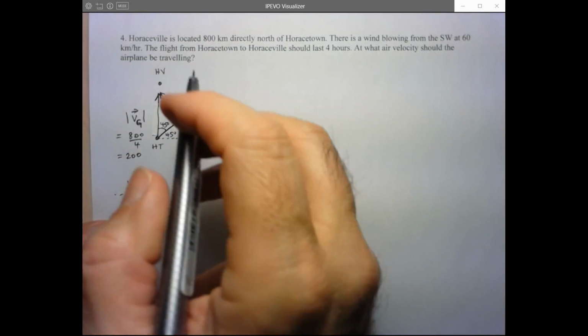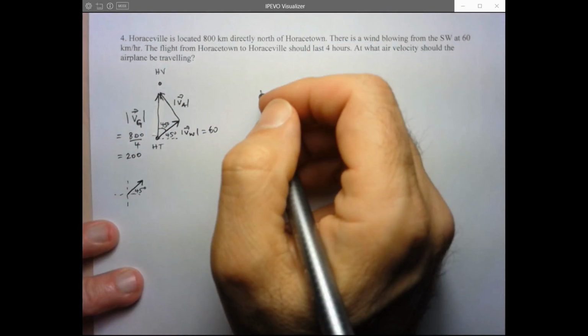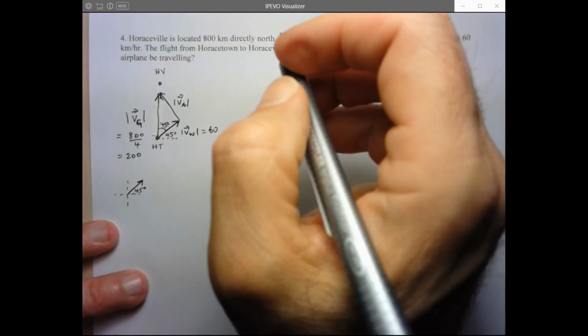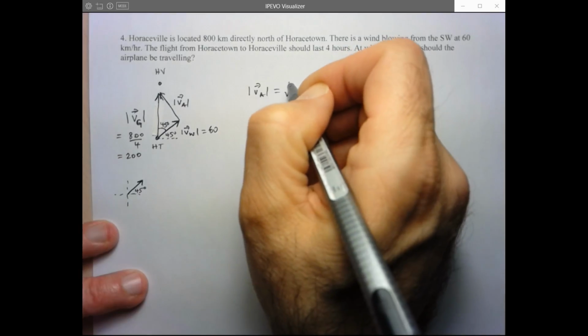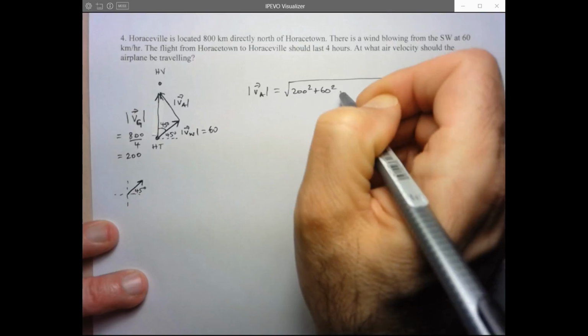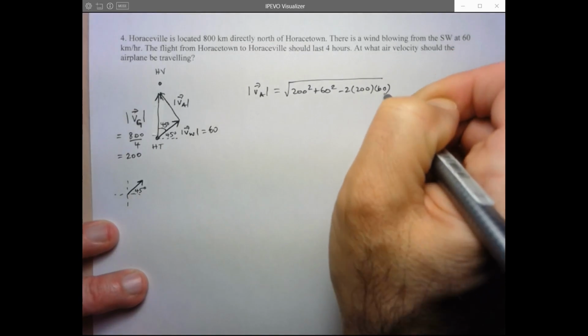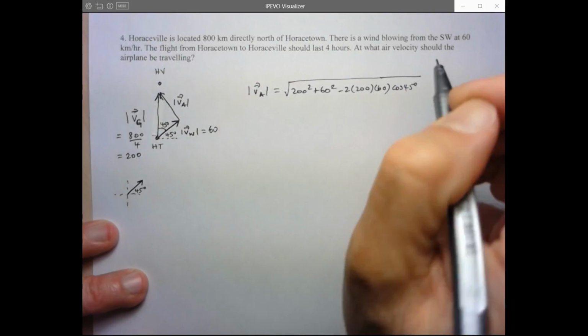So let's take a look at what we're looking for. We're looking for the air velocity, and we know its opposite angle and the other two sides, so that means we can use cosine law. Air velocity is going to be given by the square root of 200 squared plus 60 squared minus 2 times 200 times 60 times cosine of 45 degrees.